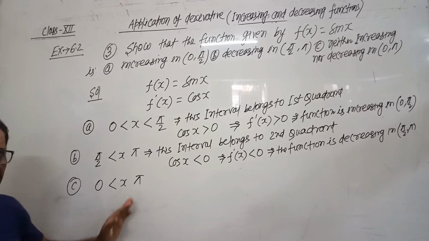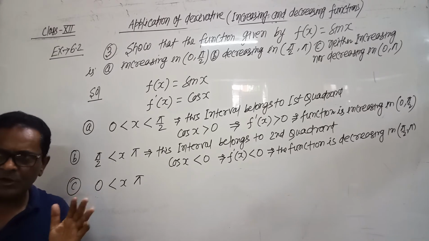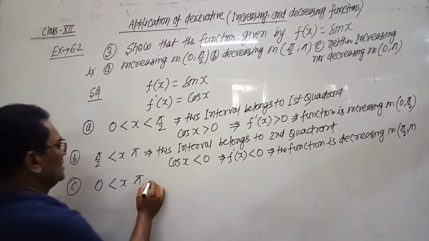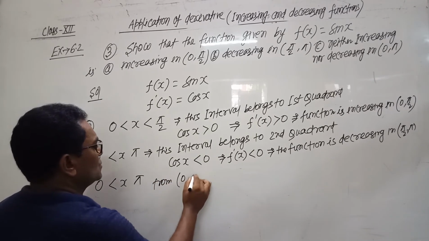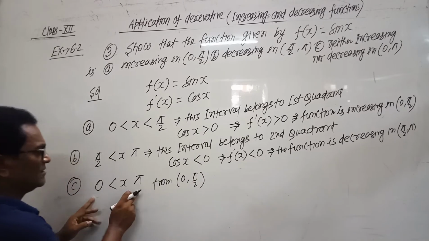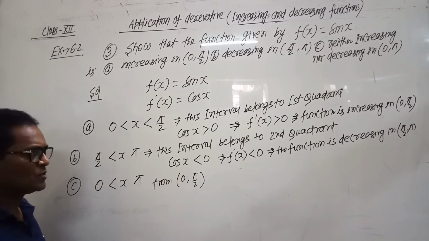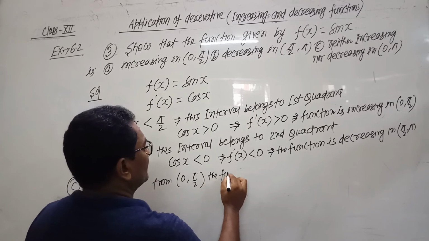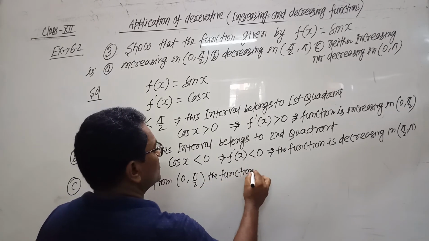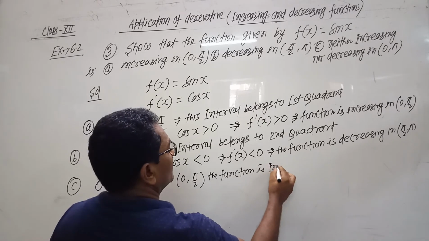In half of the interval, means from 0 to pi by 2, when x belongs to 0 to pi by 2, the function is increasing.